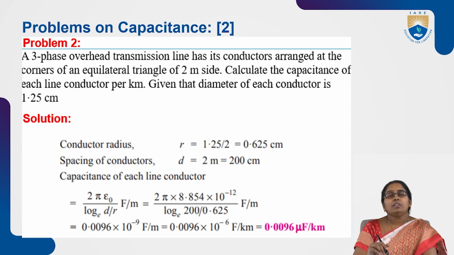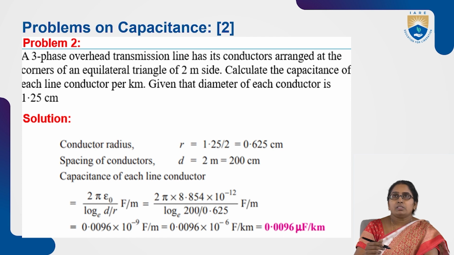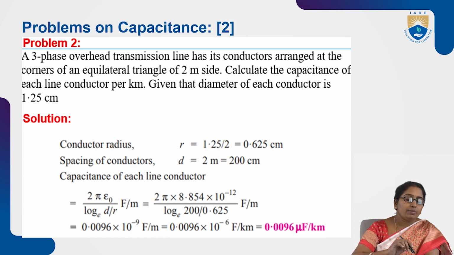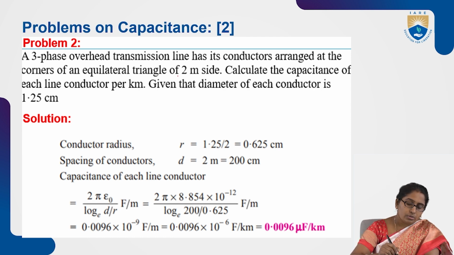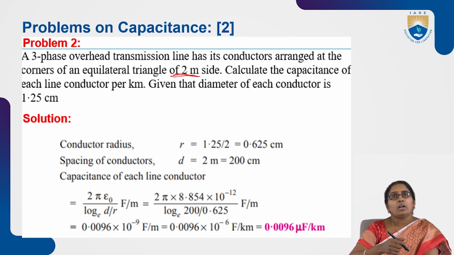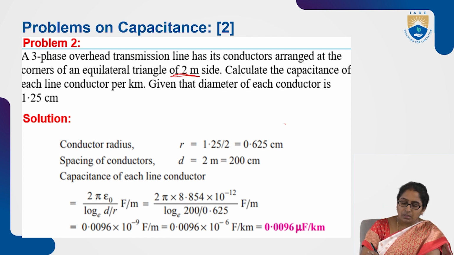Given the diameter of each conductor is 1.25 centimeters. Here it is a three-phase transmission line, and the conductors are arranged in the form of an equilateral triangle, so the distance between any two conductors, A, B, C, is the same, 2 meters.